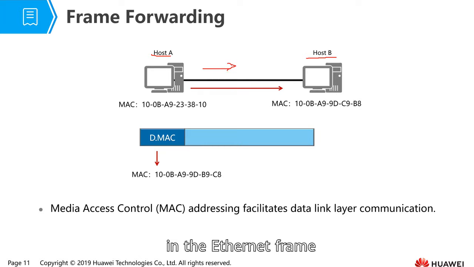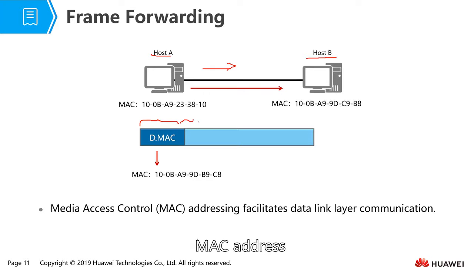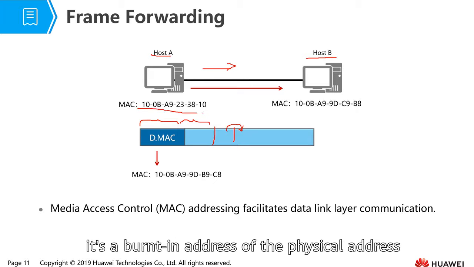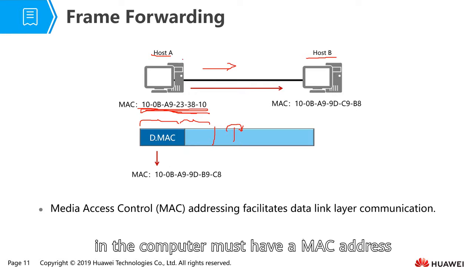In the Ethernet frame, we know first in the header there are 2 MAC addresses, and the type figures out what is carried in the upper layer. The MAC address, we know, is a burned-in address, the physical address. Each network interface card in the computer must have a MAC address.